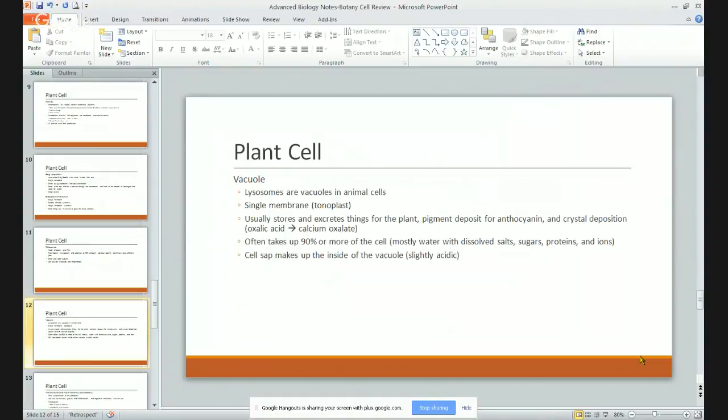This particular pigment is going to be, I'm going to call darker pigments, like purples or deep, deep reds. Like I said, really deep in color. And they can also be a site for crystal deposition.